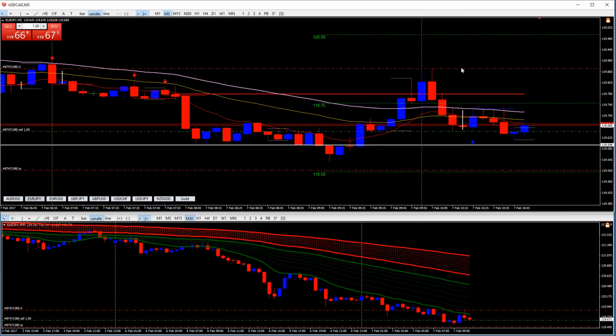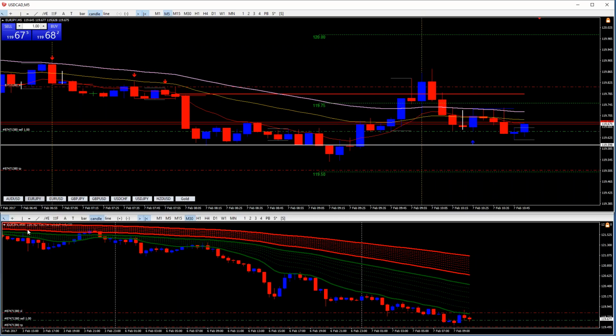Well, actually, I'm going to pull it down a little bit, because this trade's not working the way I'd like it to work. It's taking a lot longer than I'm expecting. So once it goes into profit, I'll take 1 pip, 2 pips. I'll just get away from the trade, because it's obviously floating around in consolidation.